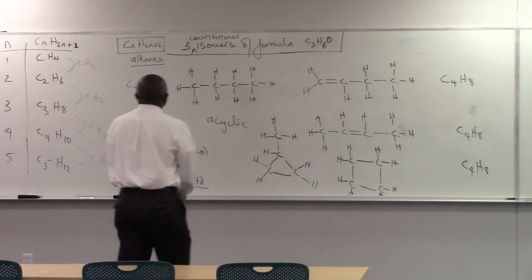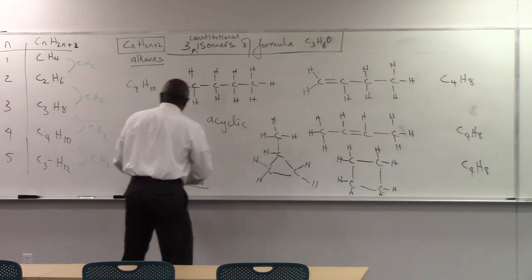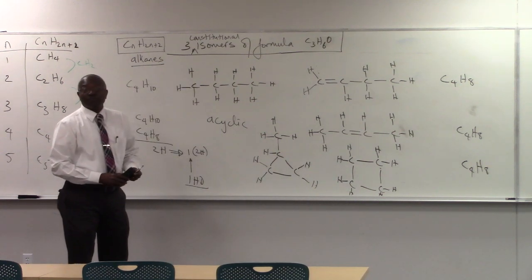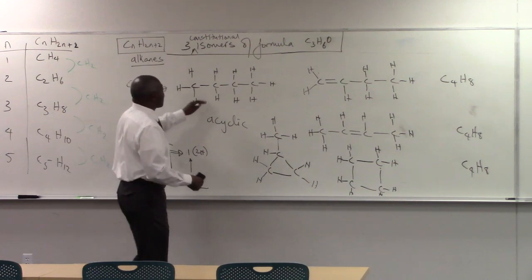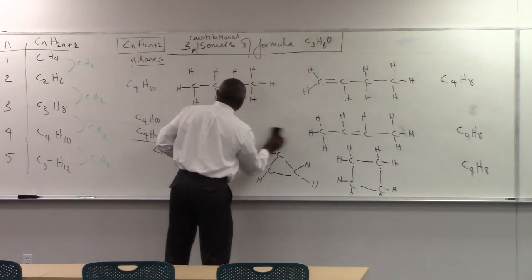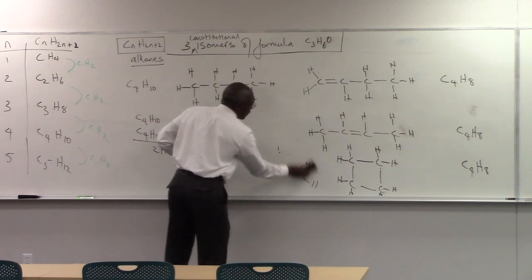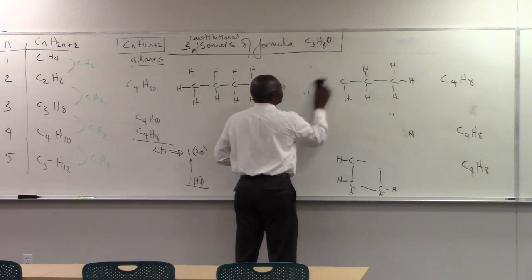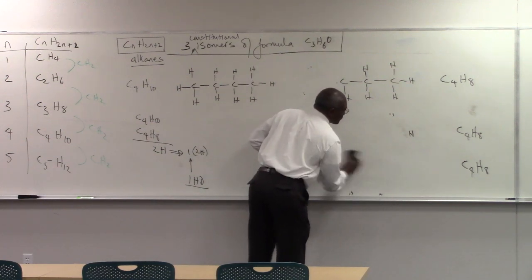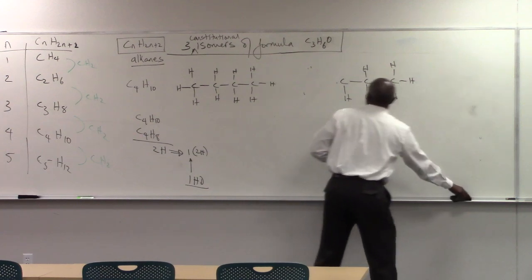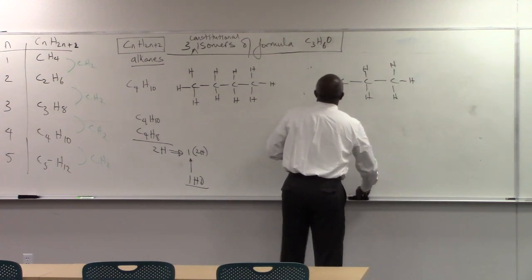Okay, well, what if I had put in a triple bond, right? What if I took my C4 species and I put in instead a triple bond? What would happen then? Well, let's take a triple bond in.